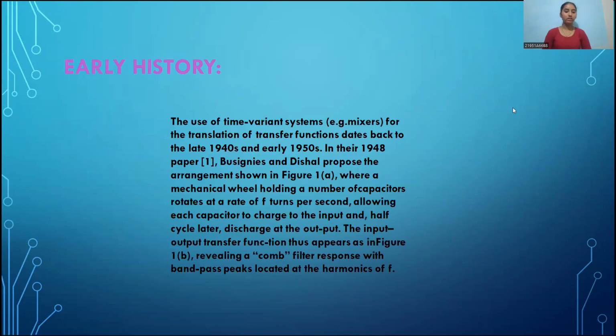Early history. The use of time variant systems for the transfer of transfer functions dates back to the late 1940s and early 1950s.